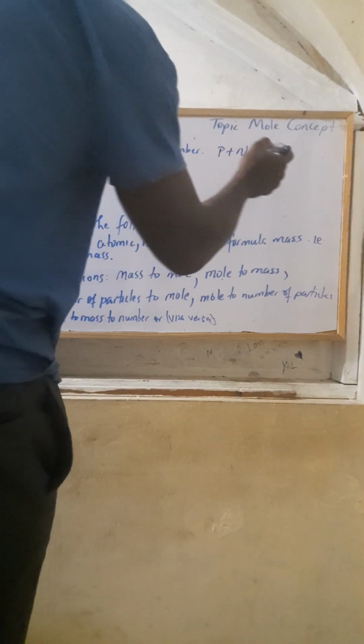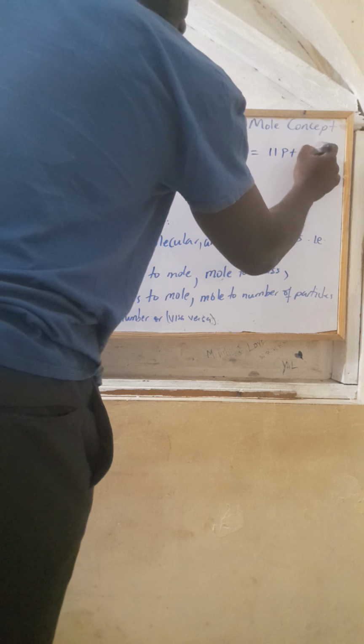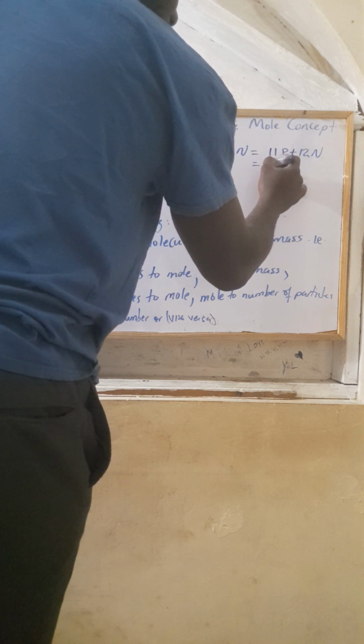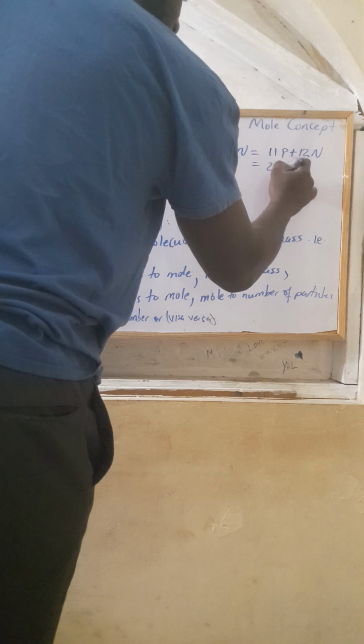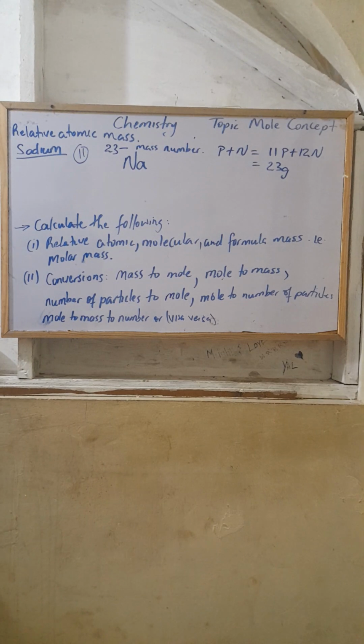So we see that there are 11 protons plus 12 neutrons. So at the end of it, the atomic mass is 23 grams. So the mass number of sodium is 23 grams. And again, it is the number of protons plus neutrons within the nucleus of the sodium atom.